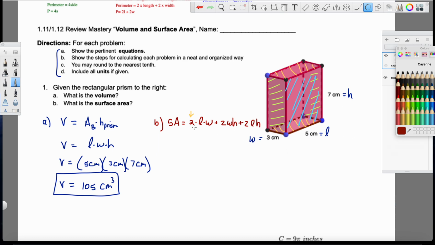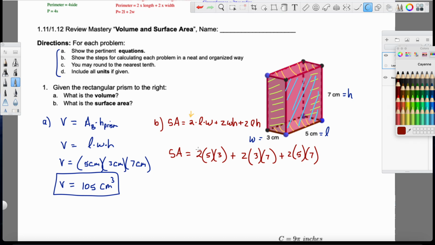And I already defined my variables, so now I can just substitute that in. So I've got 2, 5 times 3. I'm not going to include my unit this time. 5 times 3 plus 2 times width and height, that would be 3 times 7. 2 times length and height, that is 5 times 7.